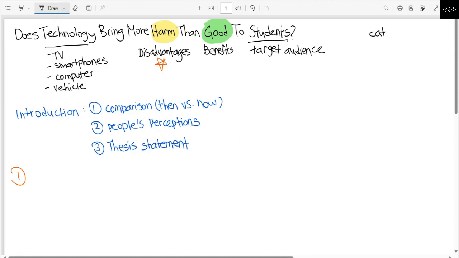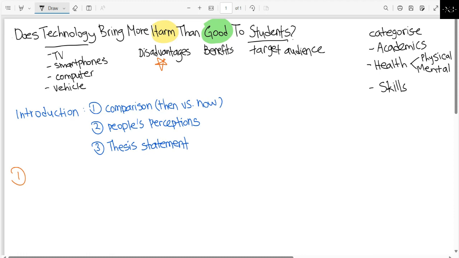Okay, so we can sometimes categorize our points into a few categories. Number one, it could be something to do with our studies, our academics. Another type, it could be referring to our health, may it be physical health or mental health. Another type we can categorize would be skills.